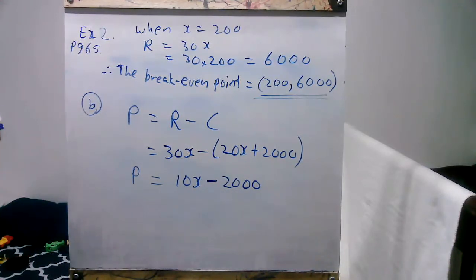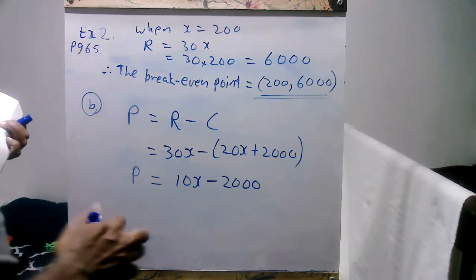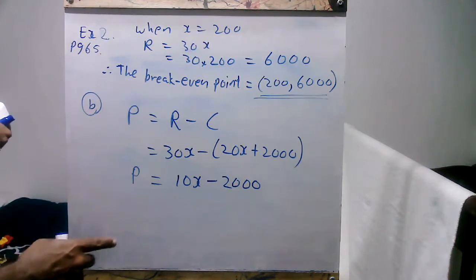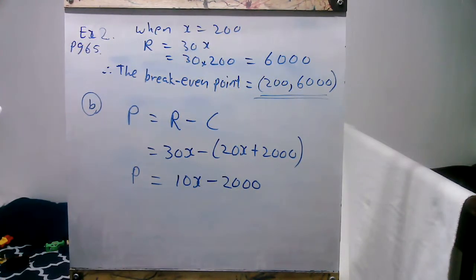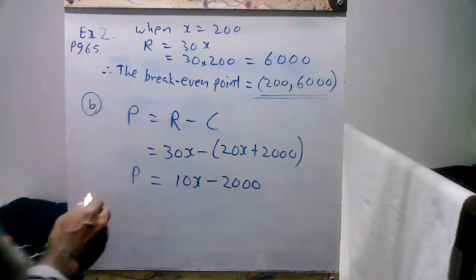Part C, how large must sales be in order to achieve a profit of 1500 per month? That means find X when P is 1500.